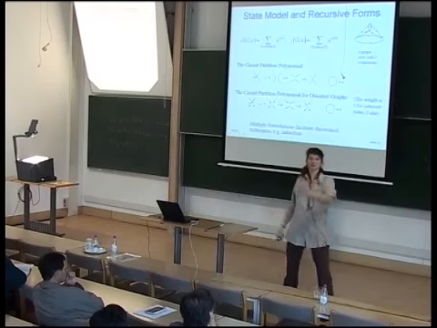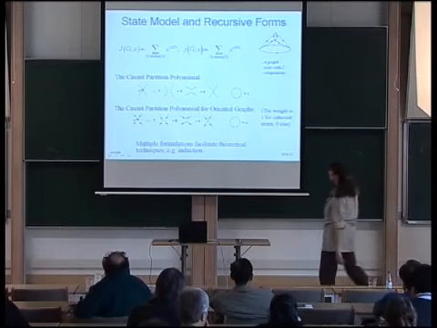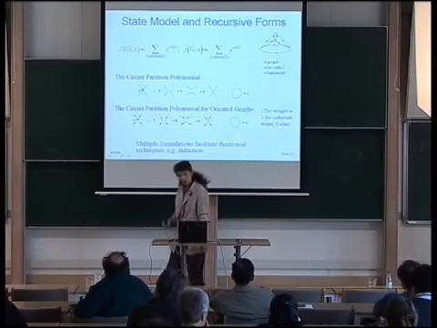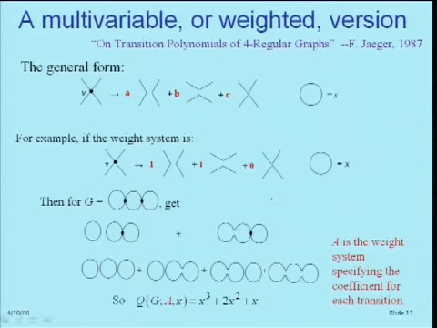But yes, this is the next sort of obvious generalization here, although it didn't go that direction first. Well, sort of. Las Vergnas did generalize it to arbitrary Eulerian graphs, but didn't put weights on them.